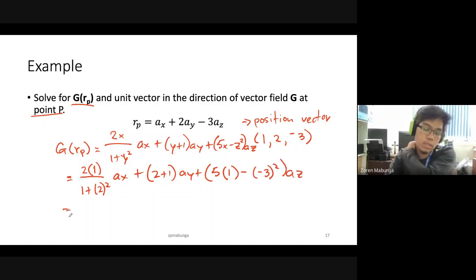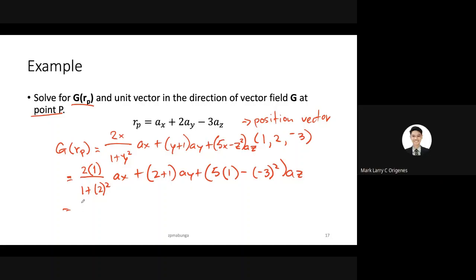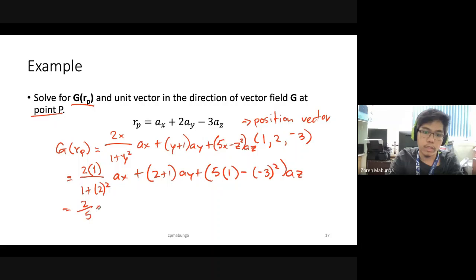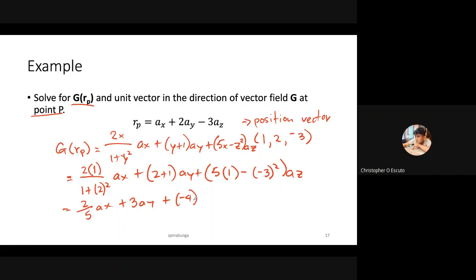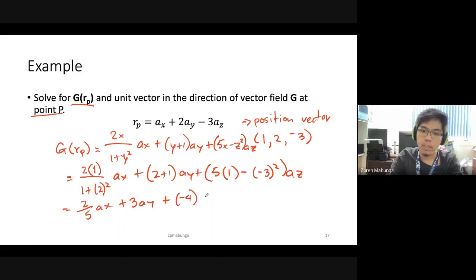Solving for this, anong value natin dito? 2 over 5 ax, 3 ay, then az negative 4. Tama ba? Tama po. Negative 4 az. So this will be your G RP.